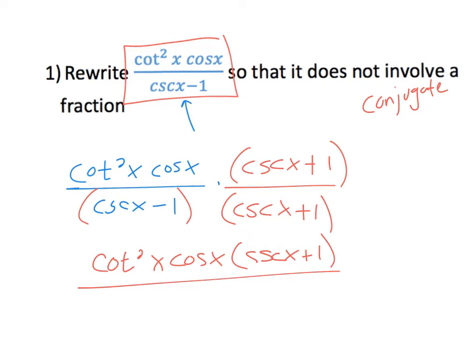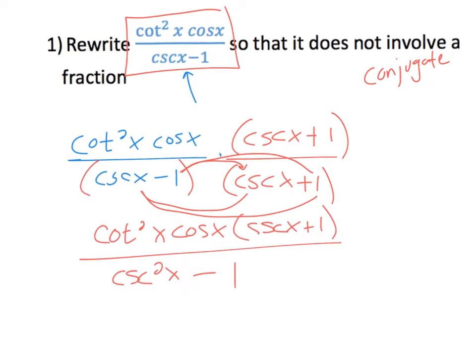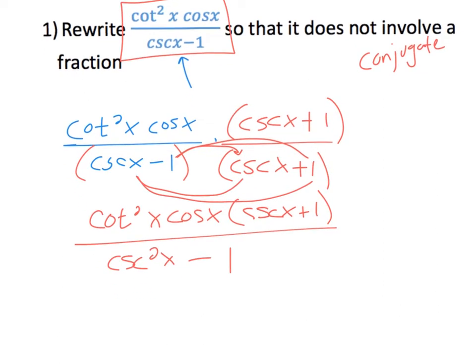In fact, if I foil the denominator, I get cosecant squared plus cosecant squared minus cosecant squared, which is going to cancel. And so that last term is minus 1. Now, let's think about some expressions that we can use to help us simplify this.